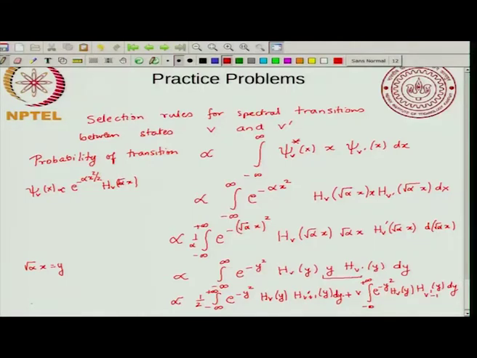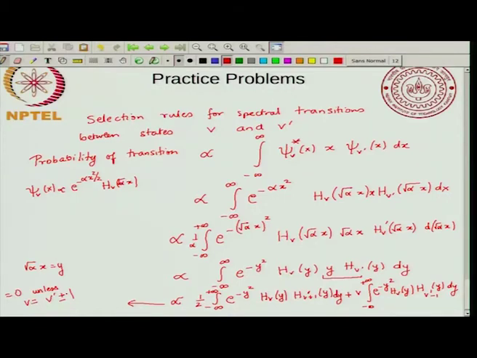So the probability of transition is equal to 0 unless v equals v prime plus or minus 1. If v equals v prime plus 1, then the first term is non-zero; if v equals v prime minus 1, then the second term is non-zero. If v is not equal to v prime plus or minus 1, this goes to 0, and this is actually the selection rule.